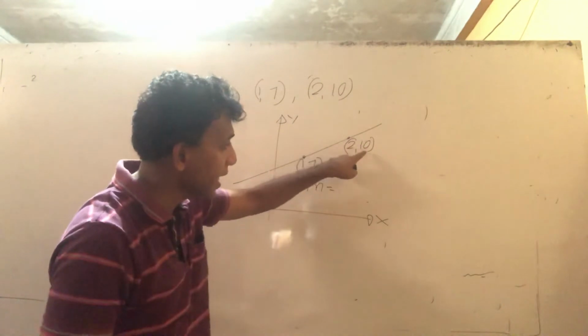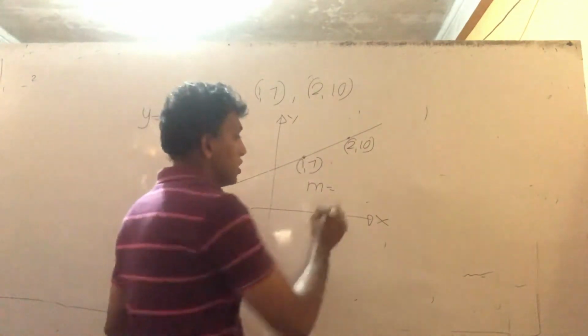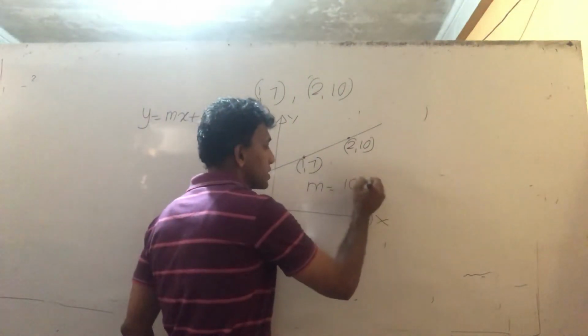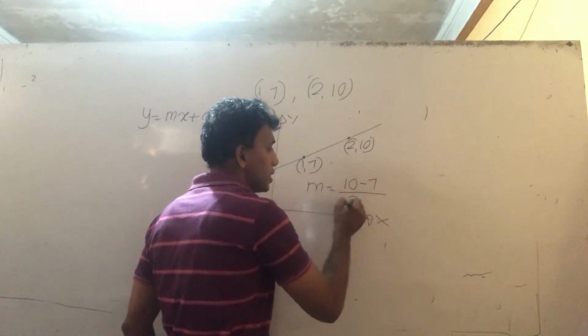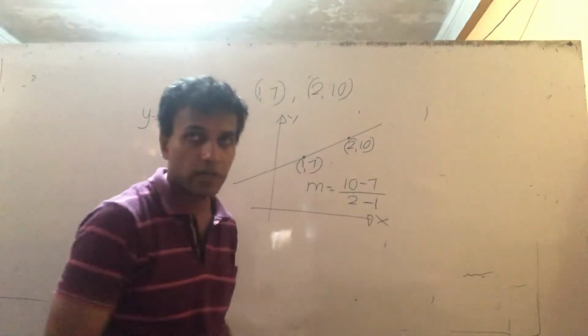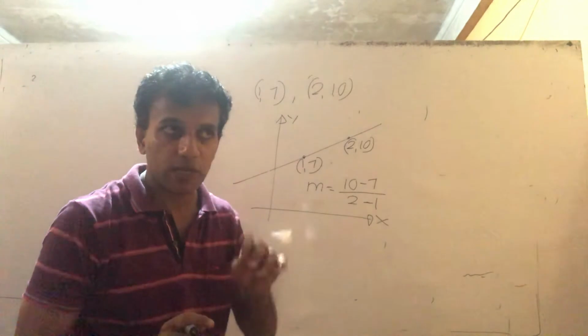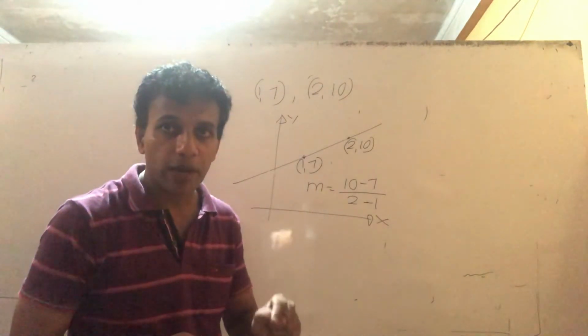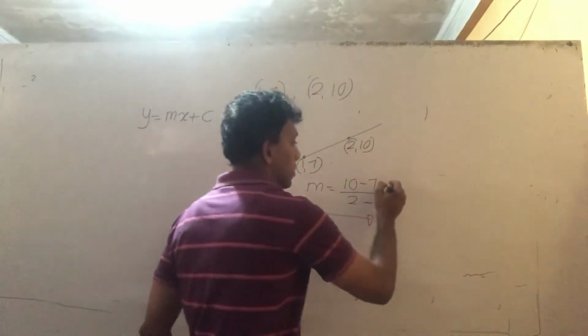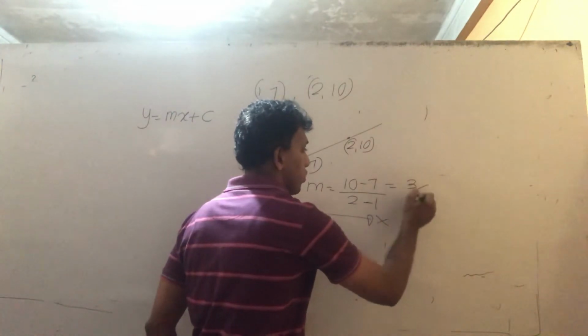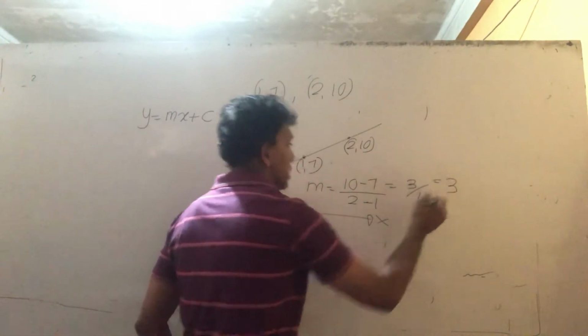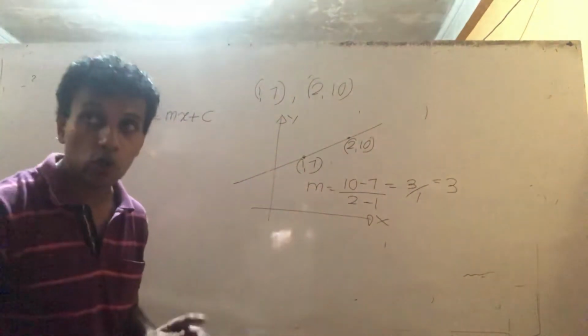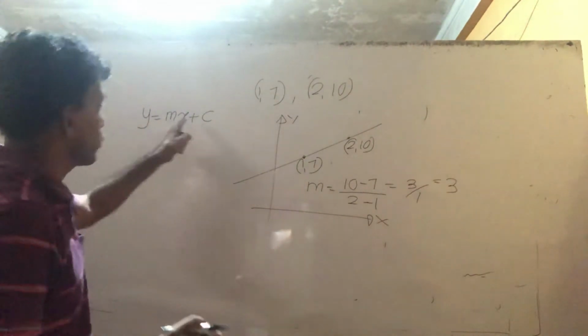Here y is 10, here y is 7. So 10 minus 7 divided by 2 minus 1. That is 3 over 1, therefore 3. The gradient is 3, so write m as 3.